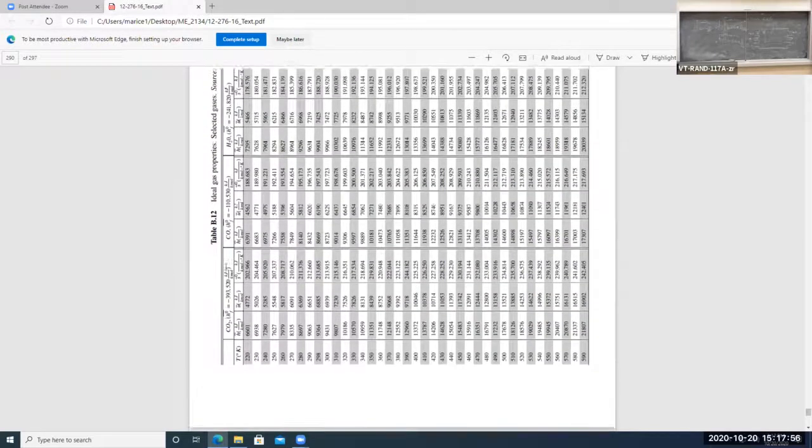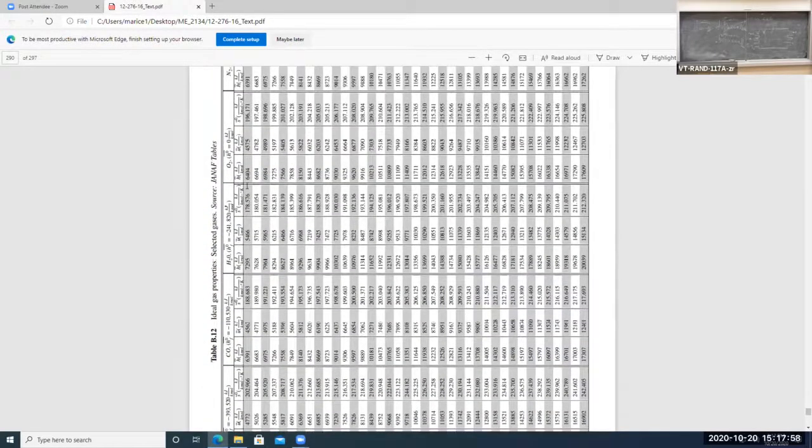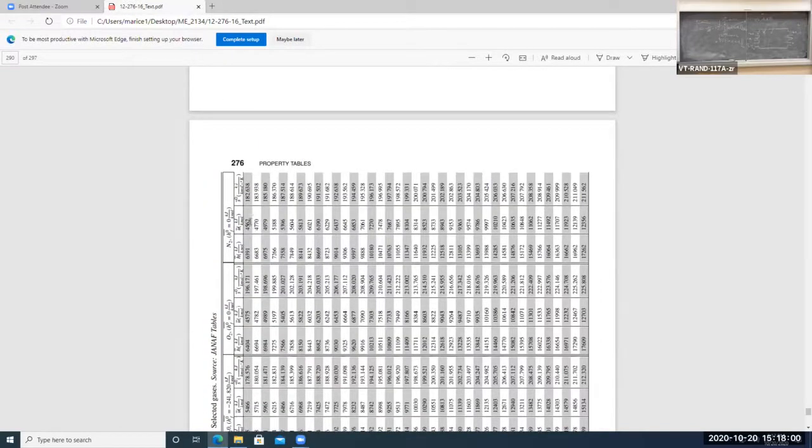We have CO2, carbon monoxide, H2O, oxygen, and nitrogen. And notice these are overbarred quantities, kilojoule per kilomole, kilojoule per kilomole degree Kelvin. So sometimes it's easier to do problems knowing the mole flow rate as opposed to the mass flow rate. You can immediately go to the tables and extract specific properties for each component. Okay?